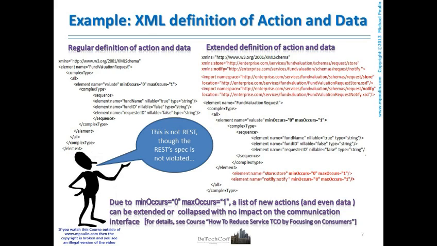The latter will not even notice new actions unless they are interested in them. Thus, we have backward compatibility at the level of interfaces, which is very important for services. And all this is in line with the REST specification, but unfortunately, not in sync with the spirit of REST.